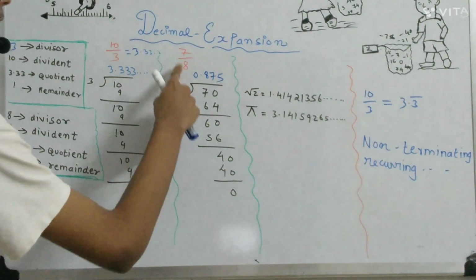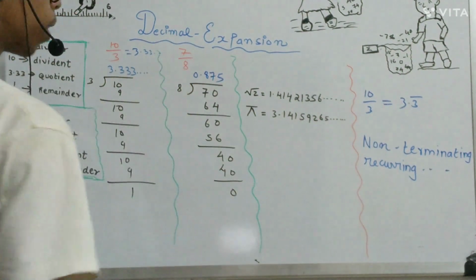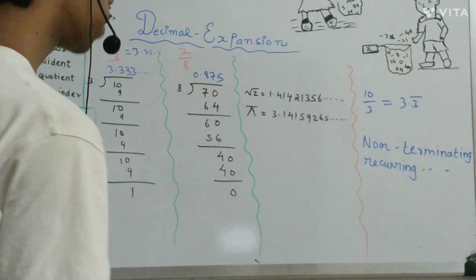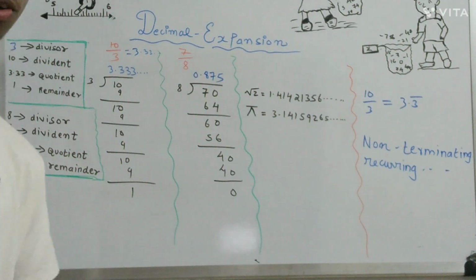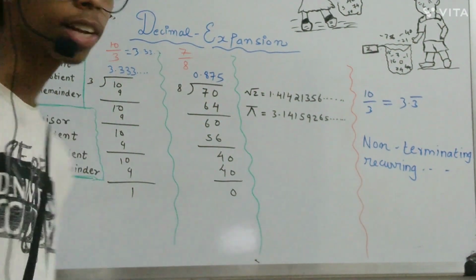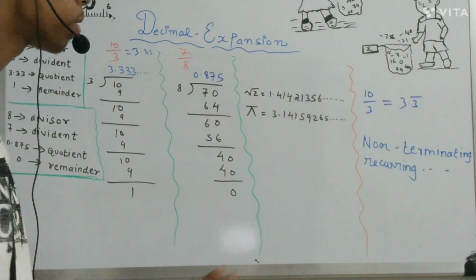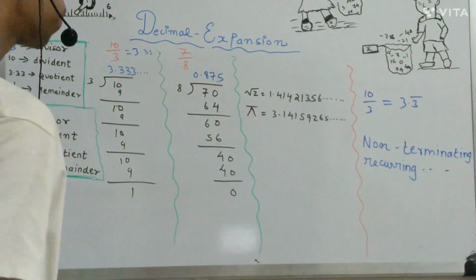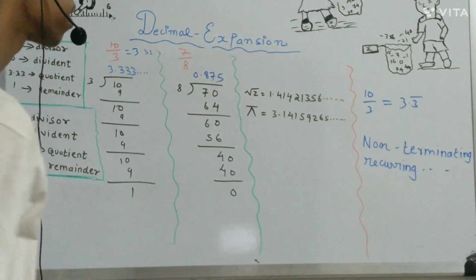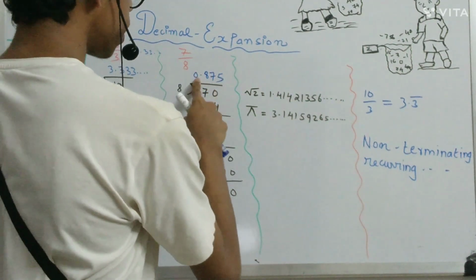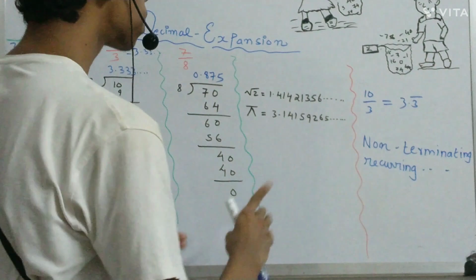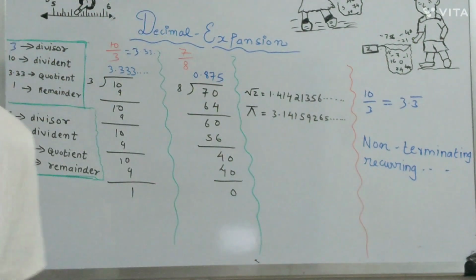Now look at the second example, that is 7 by 8. When we did 7 by 8, we got the answer 0.875 and the remainder as 0. So here we observe that at a particular place our answer stops. Basically, after the decimal point there is an end to the numbers.